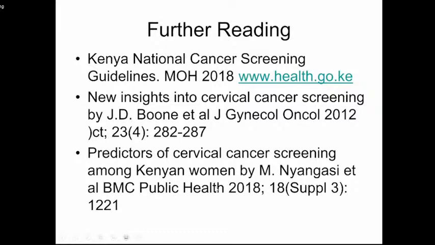And then a paper, not too old, 2018, by people in the ministry led by our head of the National Cancer Control Program, Dr. Nyangasi, on predictors of cervical cancer screening among Kenyan women. You can see some of the reasons that they found that inform screening behavior among Kenyan women. And I've told you that it remains pretty low when you compare to other parts of the world.